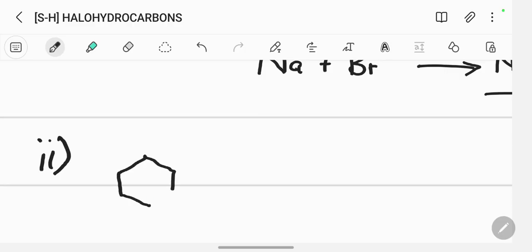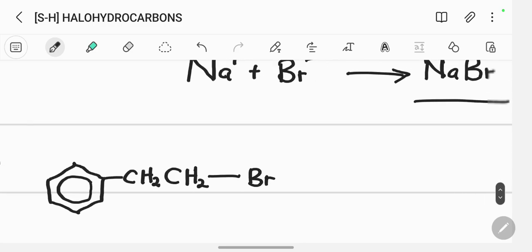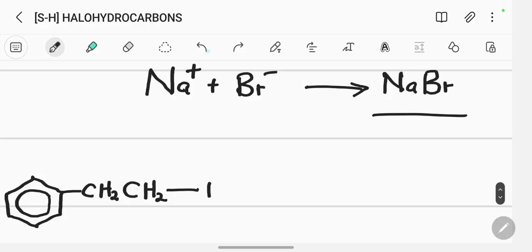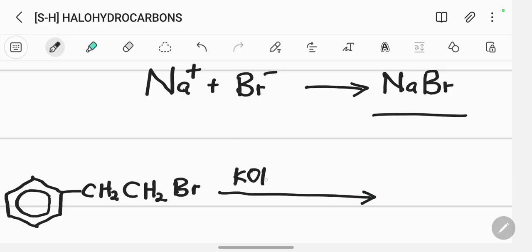Let me use benzene attached to CH2CH2 and bromine there. Then I add in potassium hydroxide and ethanol.